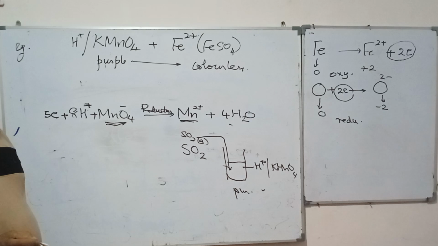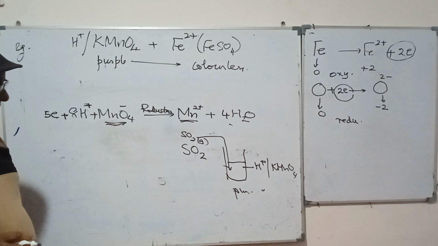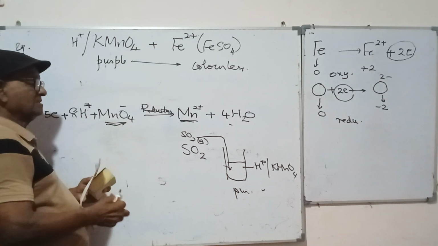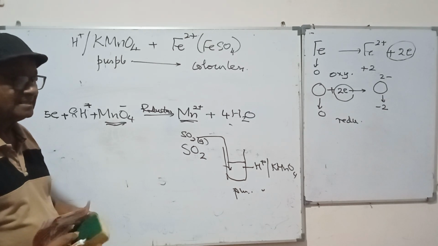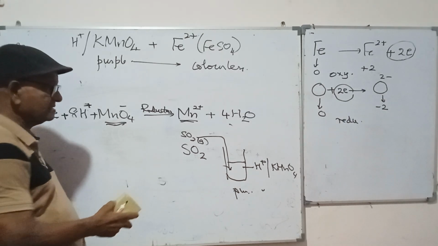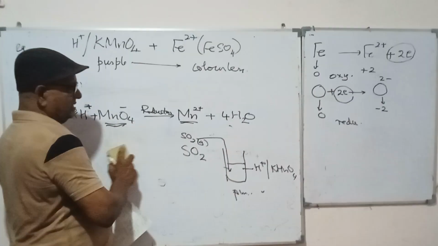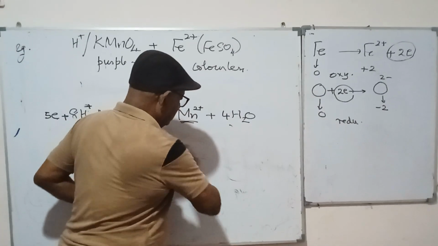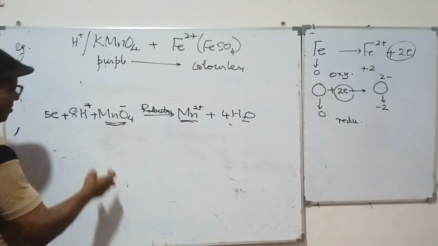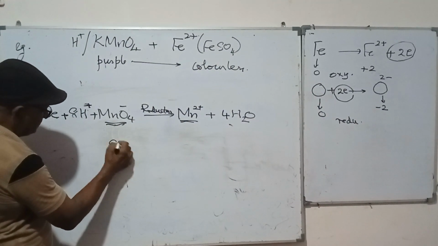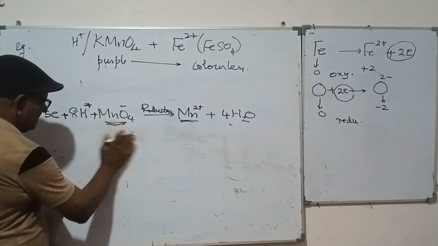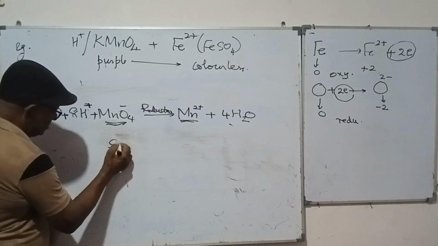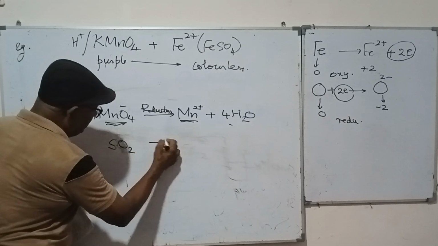Reduction: you know that MnO4 should be reduced. Then SO2 gas undergoes oxidation. Shall we go through this equation? Then you must write the oxidation of SO2 gas to SO4 2 minus.